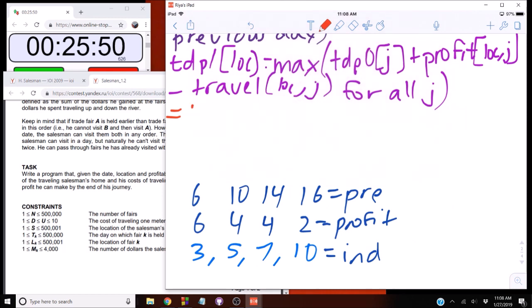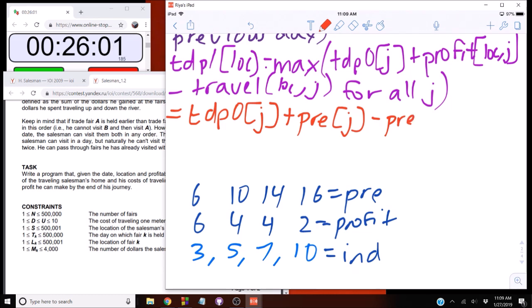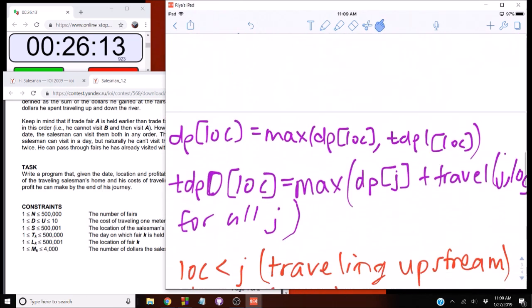Then this formula becomes TDP0 of j plus prefix sum of j minus prefix sum of lock minus 1, or whatever the previous index is. Oh, did I minus the travel here?